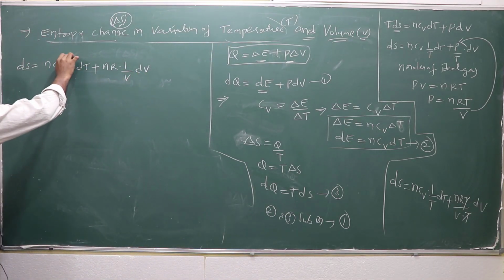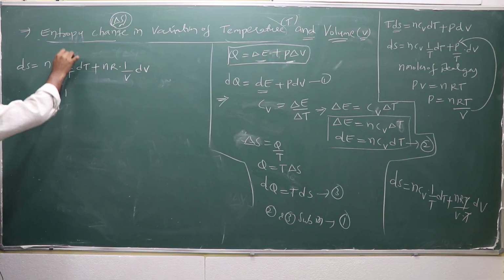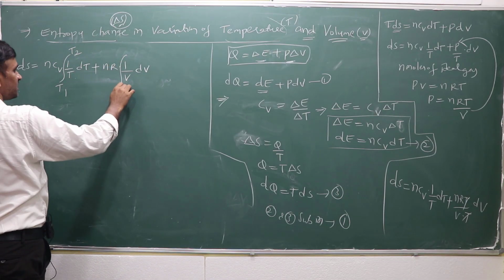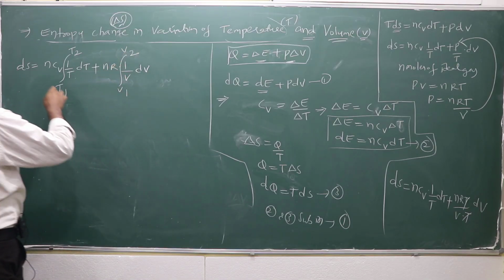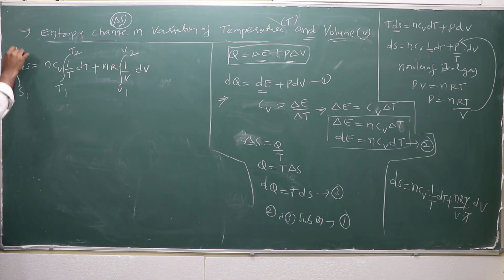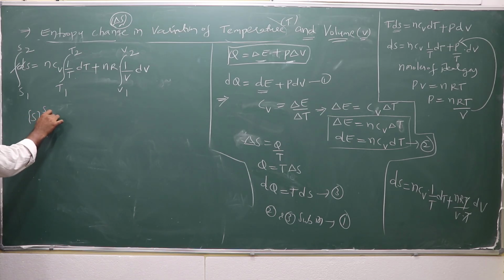So earlier I mentioned that the temperature changes from T1 to T2 and the volume changes from V1 to V2. What is the change in entropy? S1 to S2, integration from S1 to S2. S1 is the initial stage and the final stage is S2, with upper limit and lower limit.